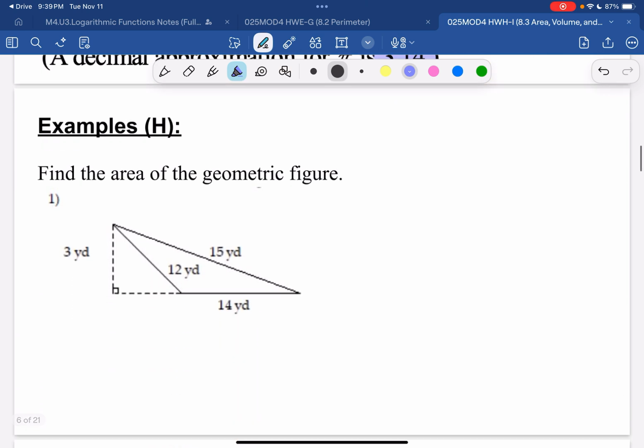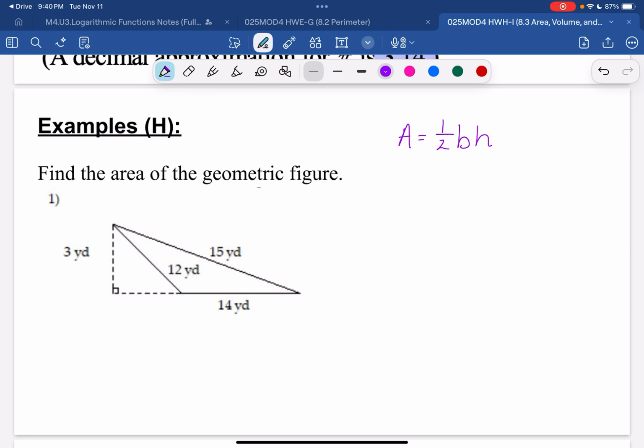So let's look at some examples. Here it says find the area of this triangle. The area formula for a triangle is 1/2 base times height. So I need to make sure I'm picking out the right values to use here, the base and the height.